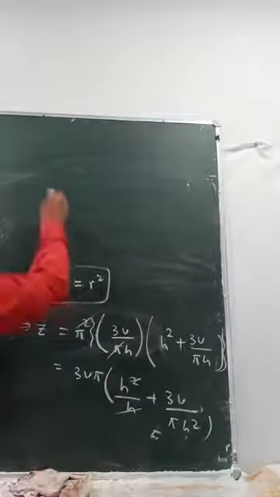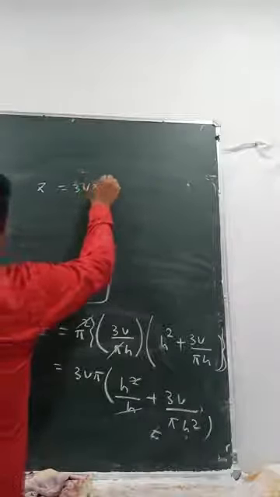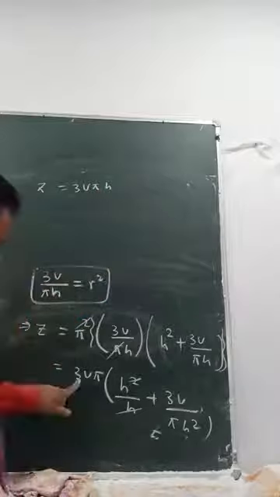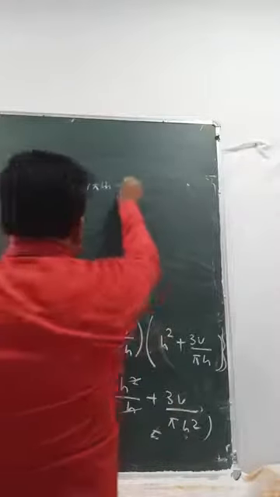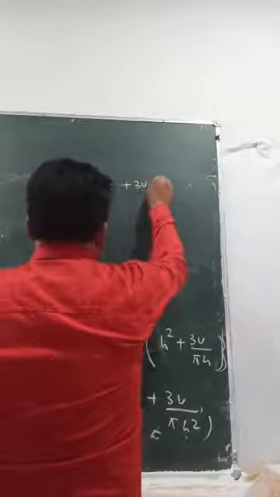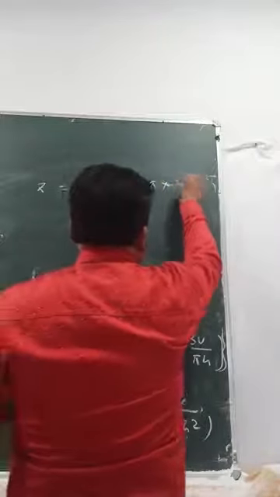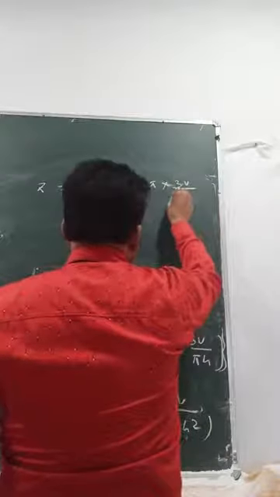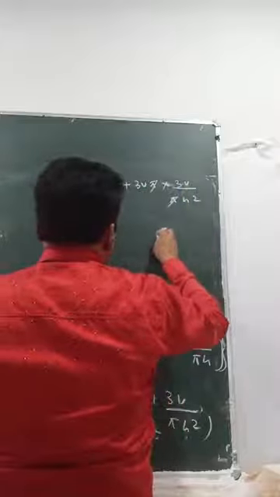So z equals to 3v pi h, again 3v pi multiply here, 3v pi into 3v by pi h square. So pi is cancelled.